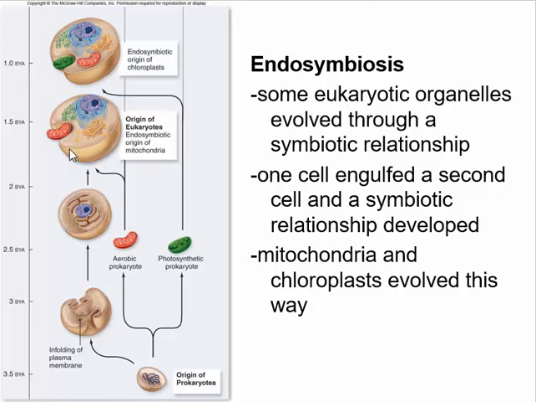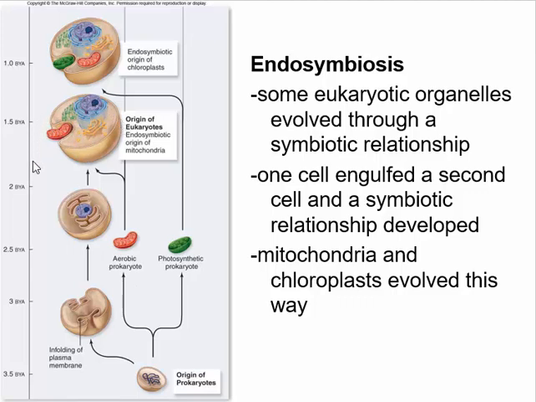And then at some point, we see an uptake of an aerobic prokaryote. So these are probably living in association for a very long time. Eventually, this bacterium, prokaryote, gets taken up into that proto-eukaryote, and that association becomes permanent.